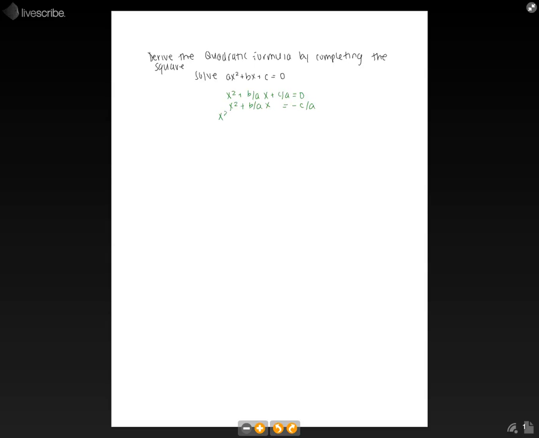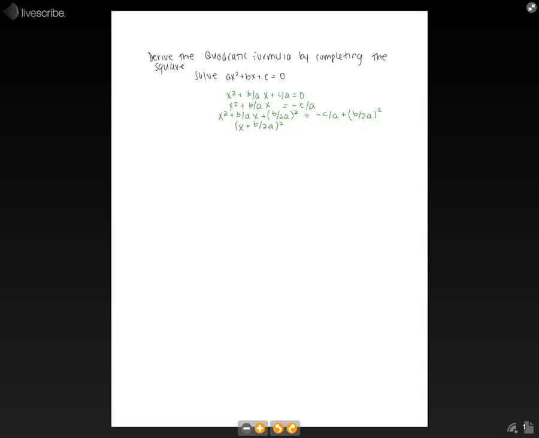So we have x squared plus b over a x plus b over 2a, all of that squared, equals negative c over a plus b over 2a, all of that squared. Now on the left we can factor this, and we would get x plus b over 2a, all of that squared.